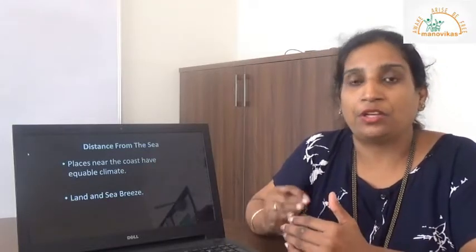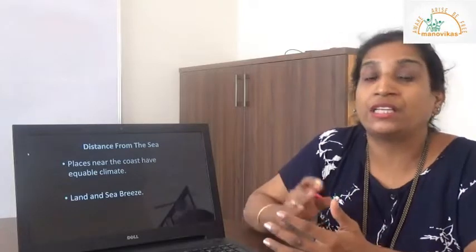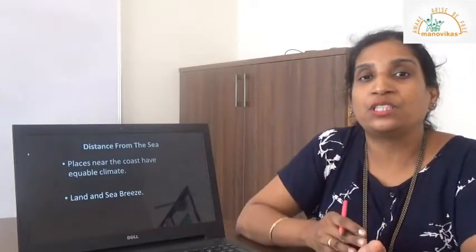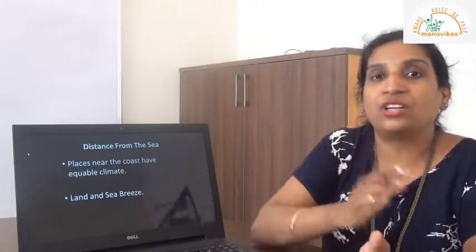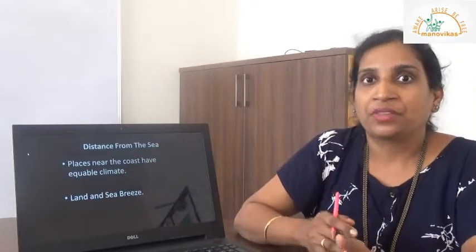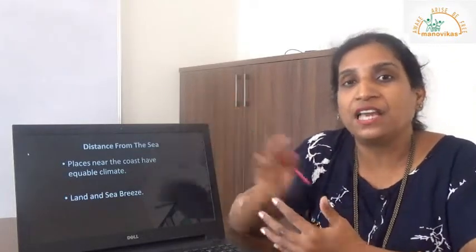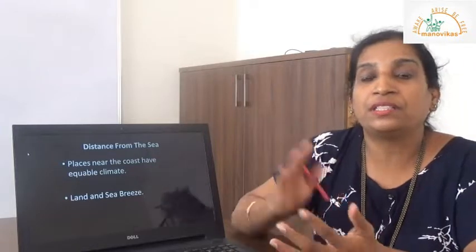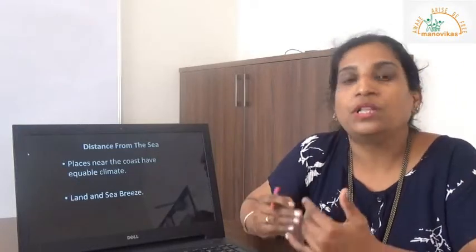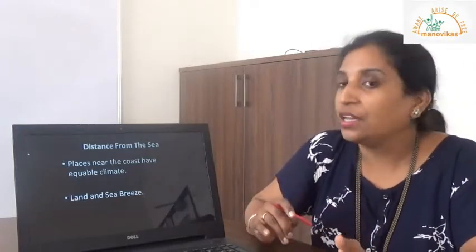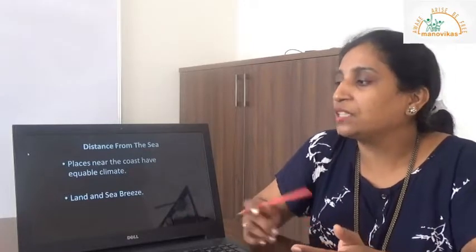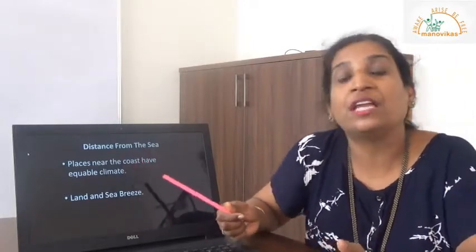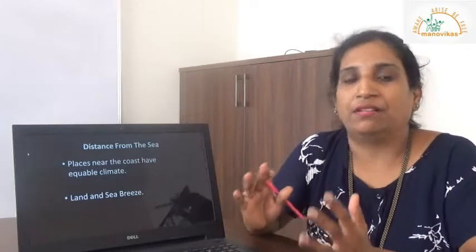So daytime it's not going to be very hot because there is exchange. We are very close to the sea, so there will be exchange of sea and land breeze. If you are very far away from the sea, there is no influence of the sea breeze at all. So the climate is going to be very different. Places near the coast will have an equable climate, a better climate.